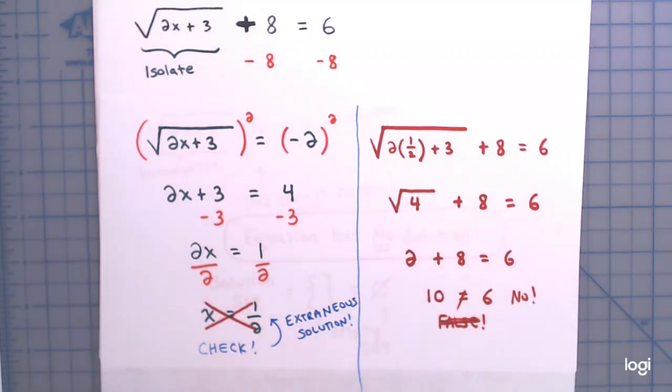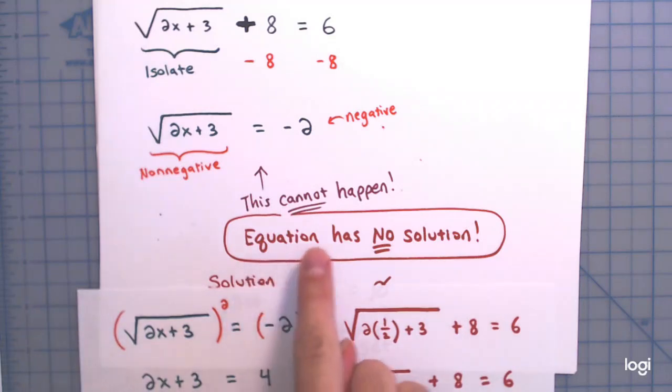It's a solution that you get when you go through and solve something, but it doesn't actually end up working in the original equation. It's called extraneous, or sometimes I've seen it written as superfluous, just an unnecessary solution. It doesn't work. So again, all the solutions I found didn't make it true. So the equation has no solution.